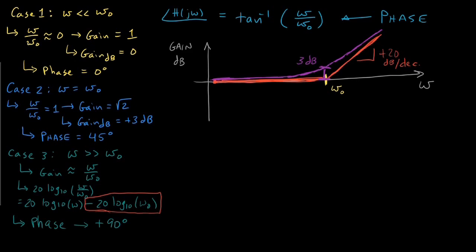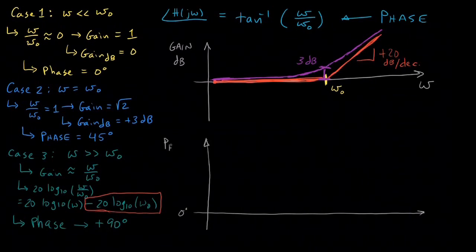Now let's talk about the phase curve. I'm going to put 0 degrees down here, so this is 0 degrees, and again, this is our phase in degrees. I'm going to mark this as 90, and this as 45.